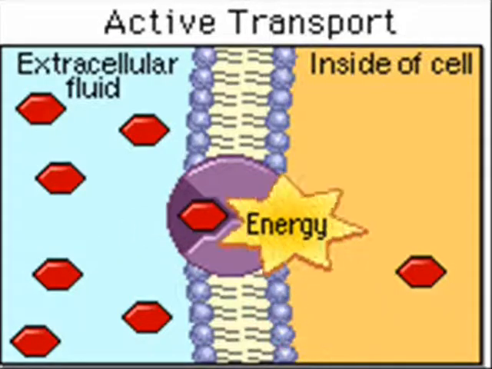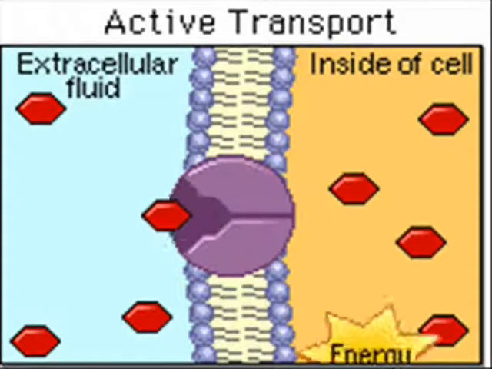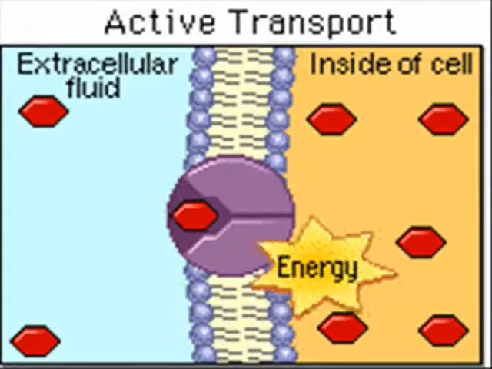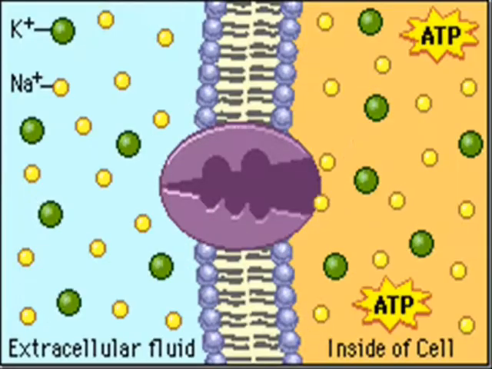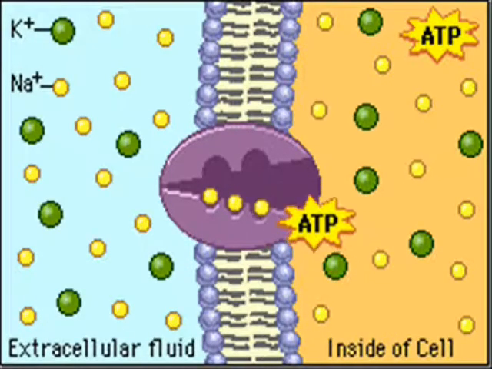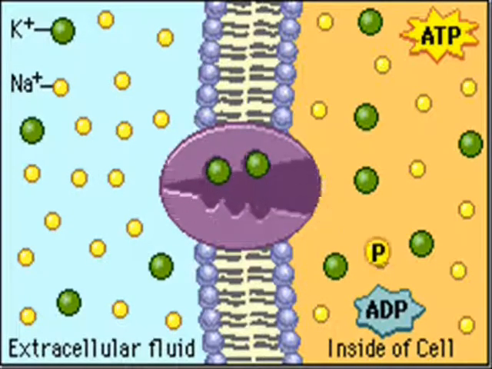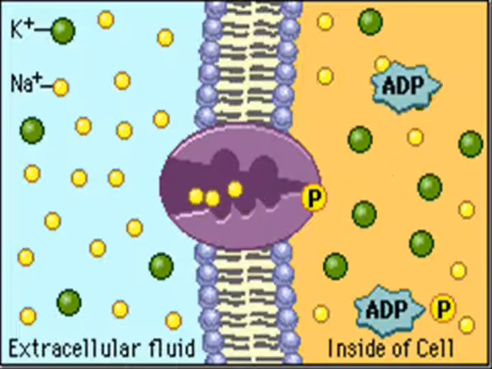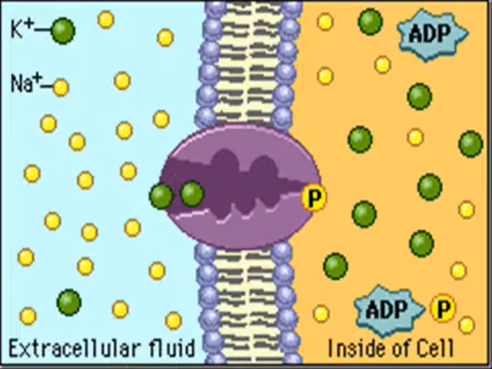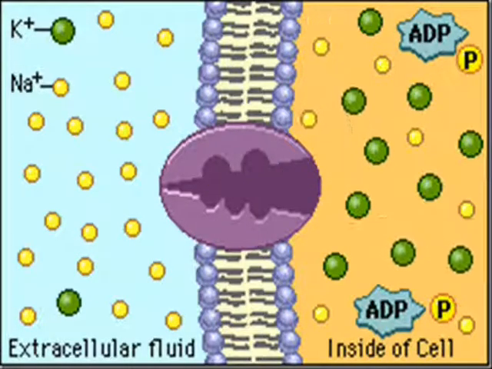Now, ATP energy is needed in order to transfer items from the extracellular fluid to inside. This is large molecules. This is beyond just the type of osmosis. And here we can see the sodium pump and the potassium pump being able to take the energy from adenosine diphosphate and be able to use it to transport molecules.